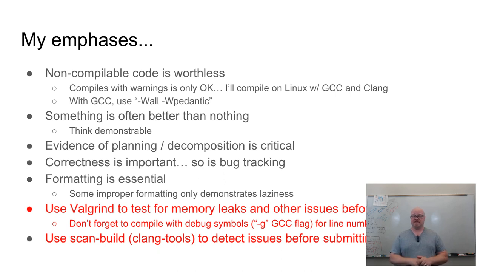For an Ubuntu distribution, which is based on Debian, the name of the package is clang-tools, and that will give you a program called ScanBuild. I'm not going to go through how to use it here, but basically that's a static analyzer, and it will help you find all kinds of potential defects that may exist in your software without even having to run the software. It does it just through compiling.